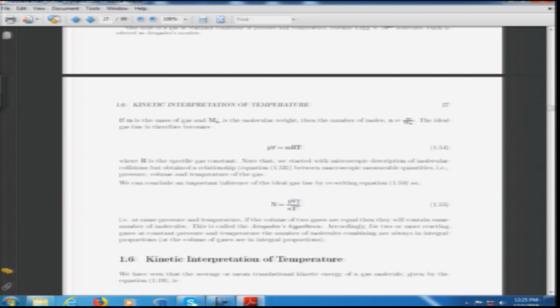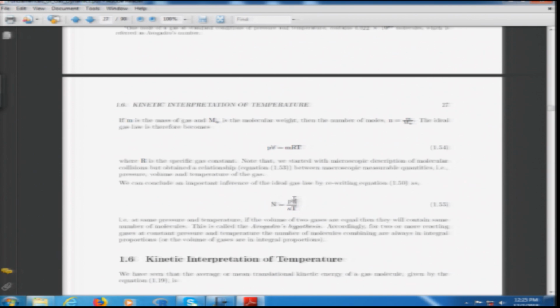Please note here that for a certain ideal gas, at a fixed value of pressure and temperature, the number of molecules is totally dependent upon the volume.